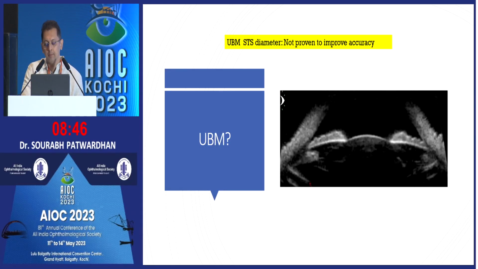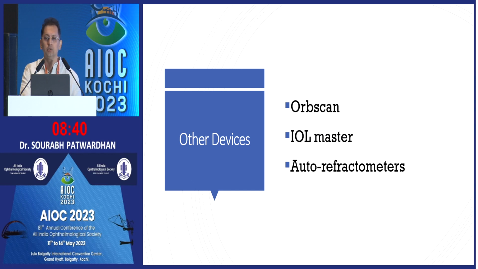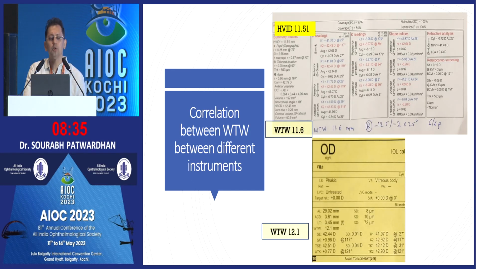UBM has been talked about a lot, but I think it has not improved accuracy any further. So I think we have to stick to digital calipers. Other devices can also be used. The advantage of using other devices is that you can have a correlation between white to white measurements.